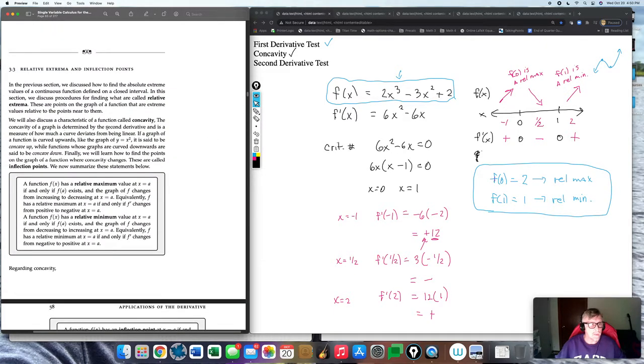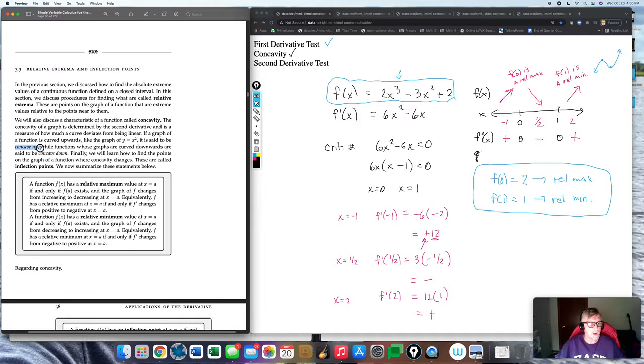Concavity is determined by the second derivative and is a measure of how much the curve deviates from being linear. So if a graph is curved upwards, like y equals x squared, it's said to be concave up. This is an increasing function, but this is a concave up function.